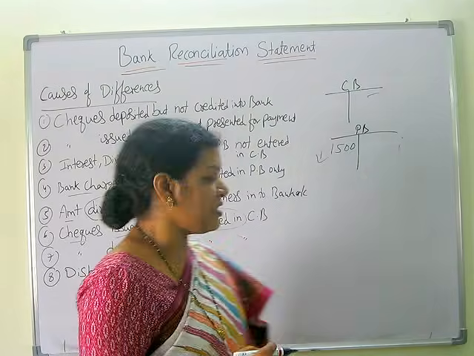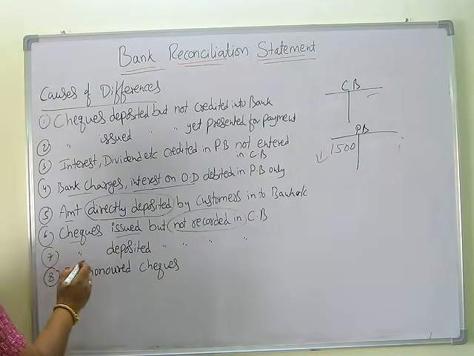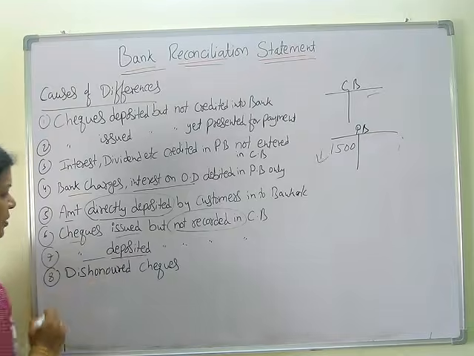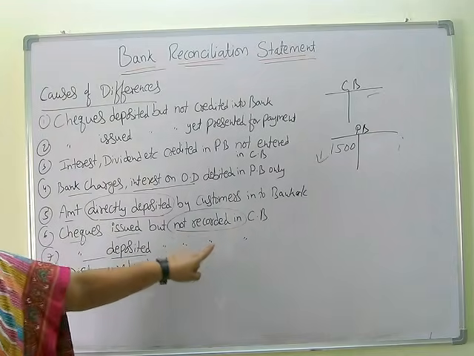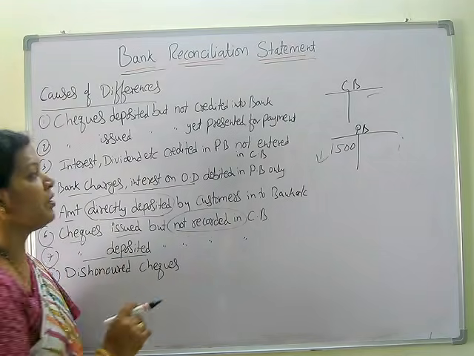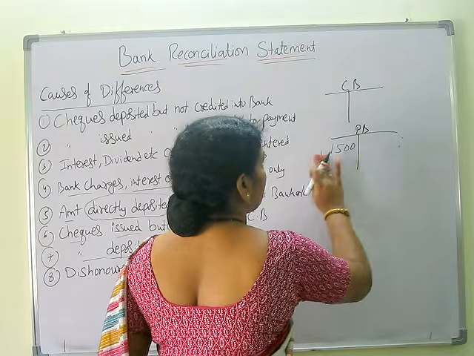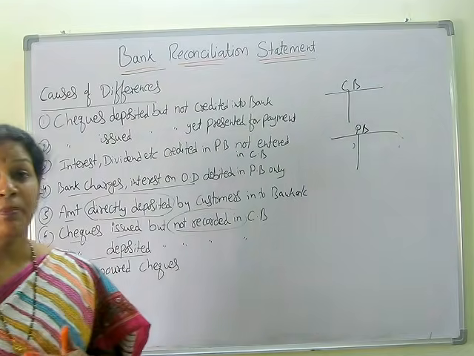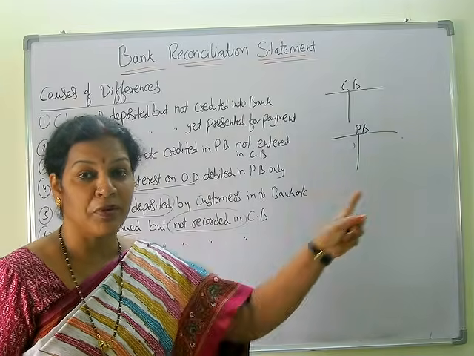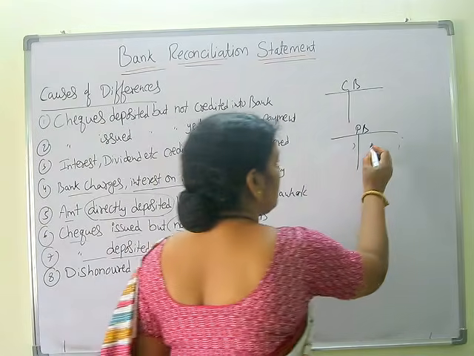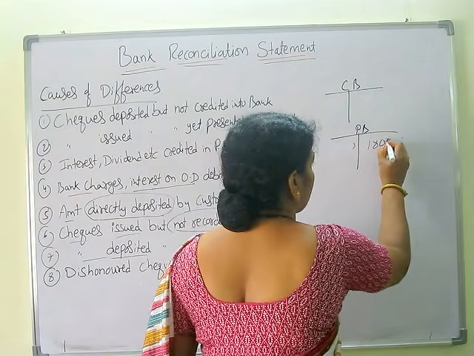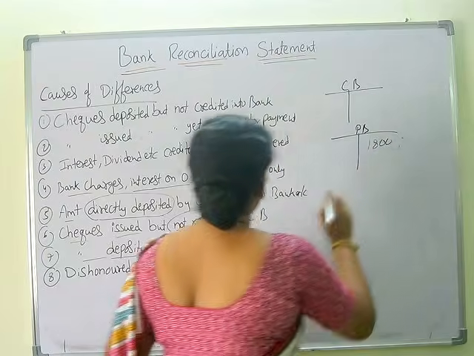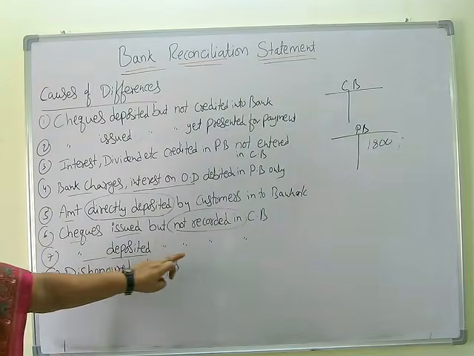This is one reason. Next, checks deposited but not recorded in the cash book. Whenever we deposit checks, in the passbook deposits will be on the credit side, say a 1800 check. We deposited the check but did not record it in the cash book. In the cash book we would record it on the debit side, but it is not recorded.